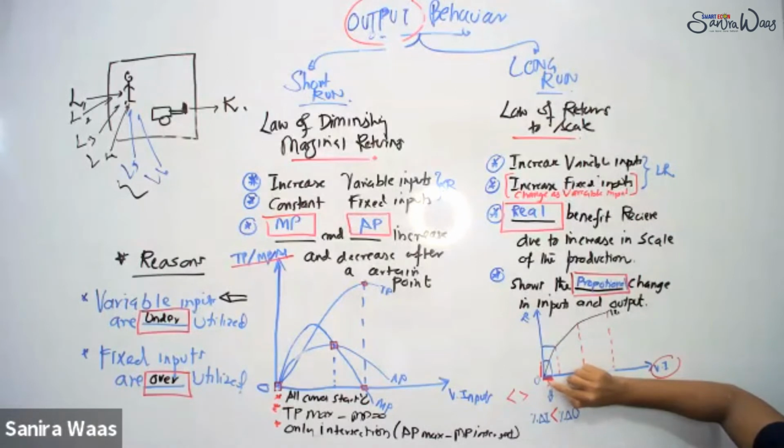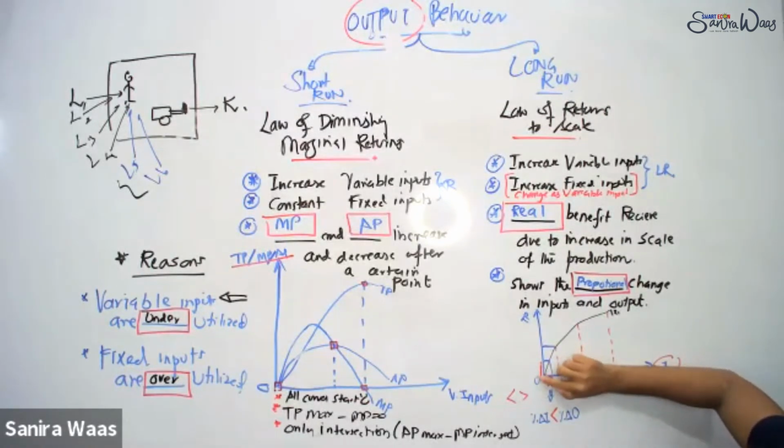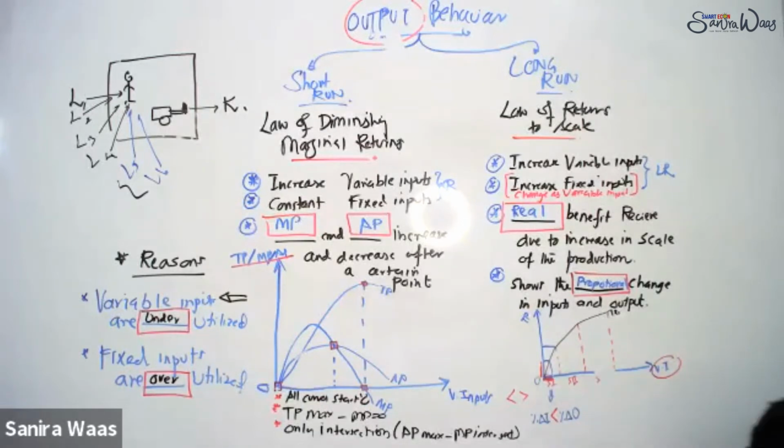You have included only this amount of input, but by including this amount of input, you have achieved a wide output. The input used is small, but the output goes up a lot. So this is the first stage. So what do we call this stage? What do we call this one?